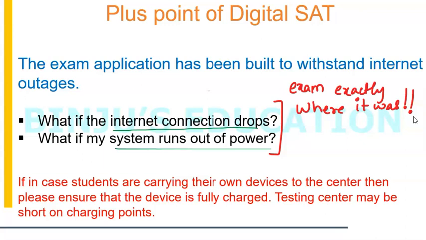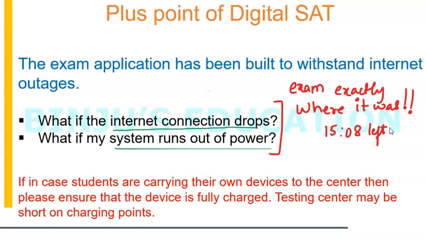Let's suppose you're in the middle of a math section, whichever math section you are in. Let's suppose the clock shows 15:08 minutes left, and suddenly there is an electricity crisis at your place. The electricity goes off, or let's suppose your internet goes off for whatever reason.